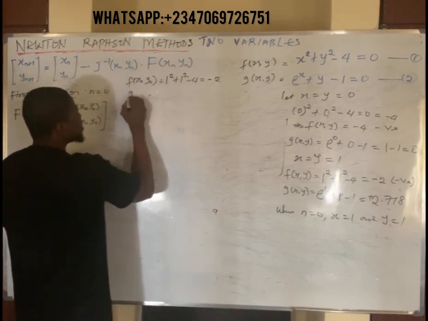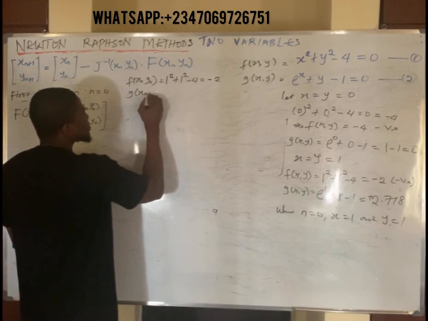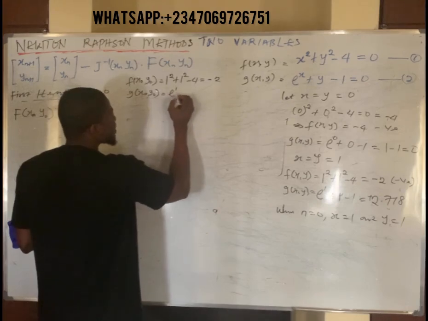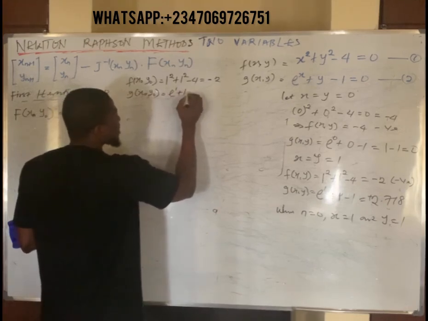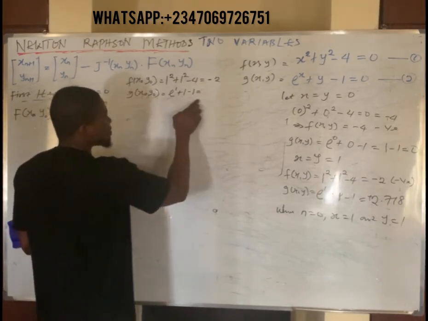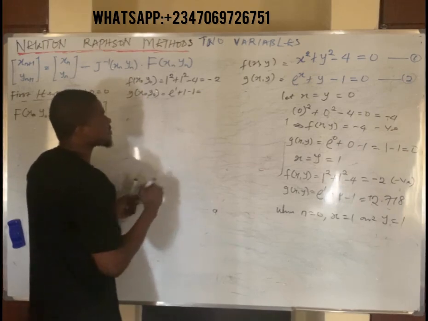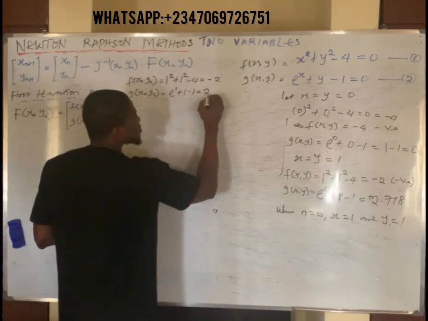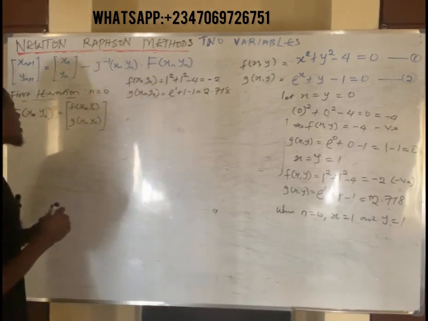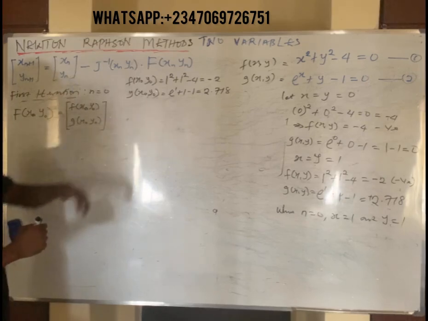Next, you find g of x naught, y naught. And this is going to be equal to exponential 1 plus 1 minus 1. And 1 minus 1 is 0. Exponential 1 itself is 2.718. So you have 2.718. So this simply means that we know the values of the function at that point.